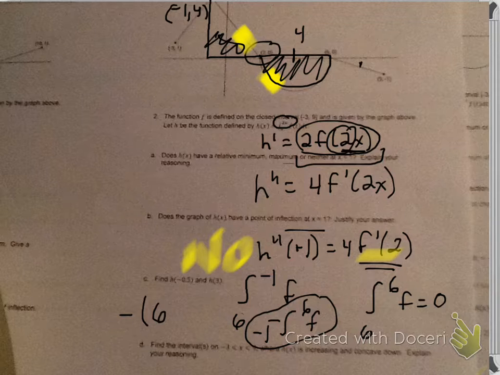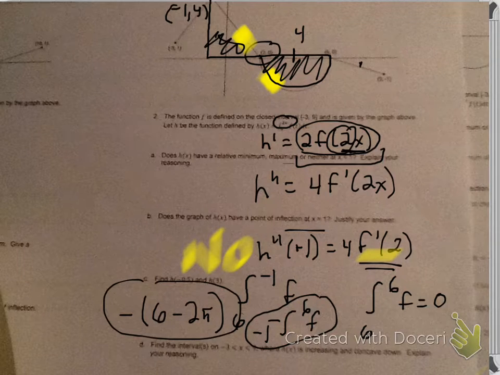And then we have a half circle that has a radius of 2. So the area is 4 pi. Half of that is 2 pi. It's below. So it would just be the opposite of 6 minus 2 pi, or negative 6 plus 2 pi if you want to simplify. You can leave it unsimplified.